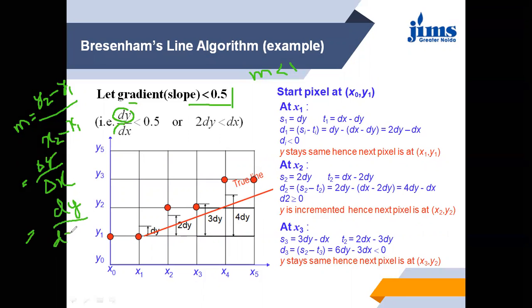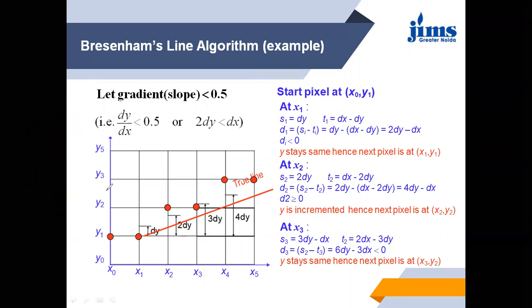So when we say dx, dy, it is the same as delta y upon delta x, that is y2 minus y1 and x2 minus x1. We can find these values.